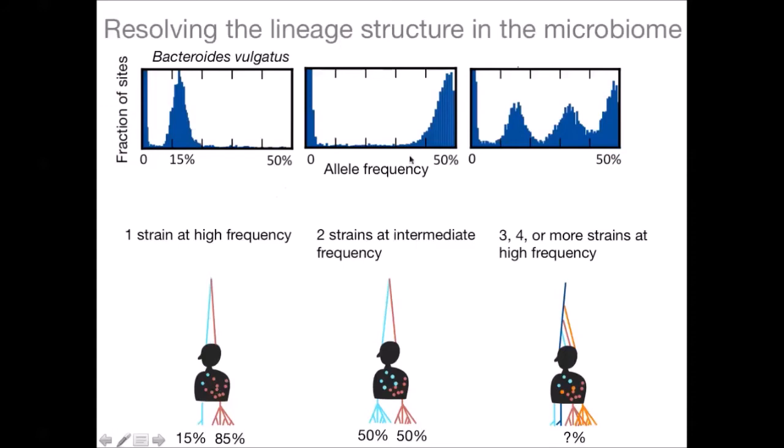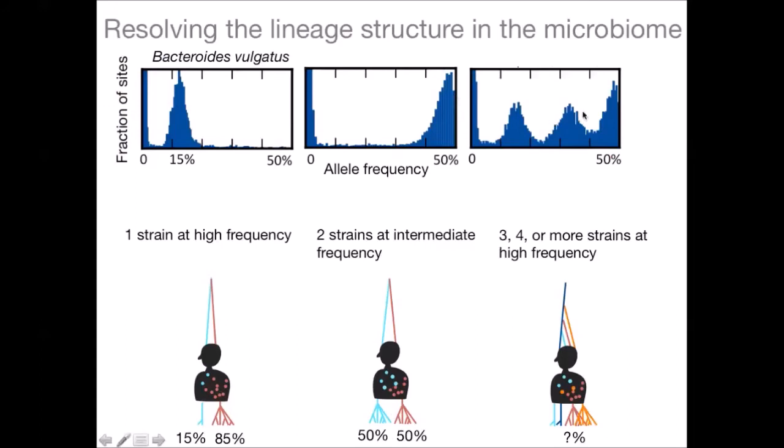Here we have a very similar situation where we have a mode at roughly 50%, and so we have roughly 2 strains present at intermediate frequency, 50-50 frequency. And here we have a situation where we have multiple modes, and likely there are 3 or 4 or some other discrete number of strains at high frequency, but we can't actually parse what exactly is the lineage structure here.